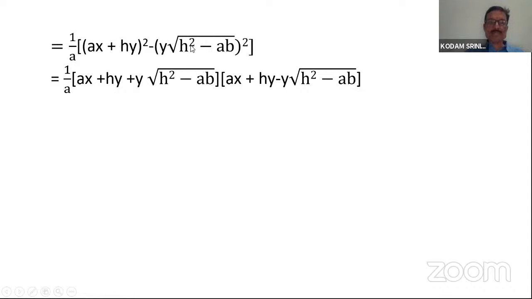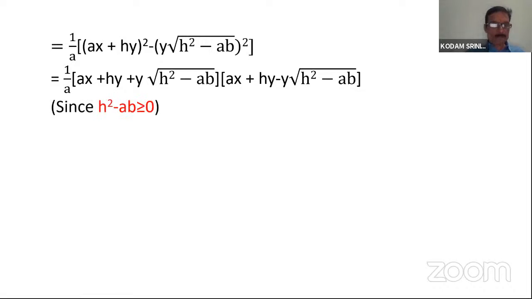Now we are splitting the equation into the form of ax plus hy plus y into root of h square minus ab. Again, the a minus b term is ax plus hy minus y into root of h square minus ab. Now we are splitting in the form of (a+b) into (a-b).